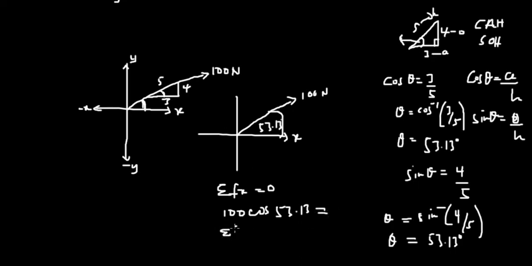And along the y-axis, the angle is not lying between the y-axis and the force. Since you know that this is cos, most definitely along the y-axis it will be sine. So we have 100 sine 53.13, and then you compute your answer. This is one way to go about that.